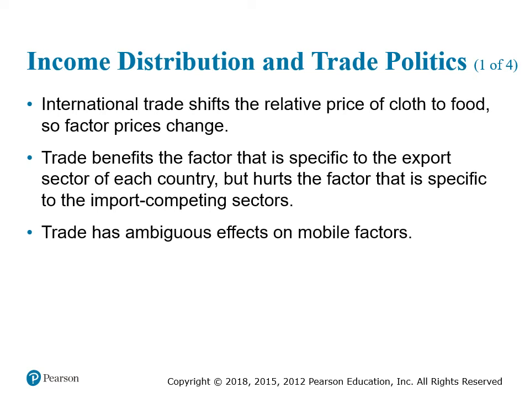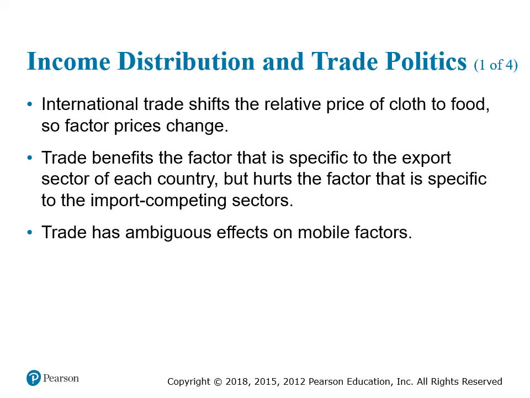So the main point of this chapter is that once a country opens up to international trade, those factors which are being used in production of a good which is being exported will benefit from international trade, and those factors which are being used in production of a good that is now being imported from abroad will be the losers of international trade.